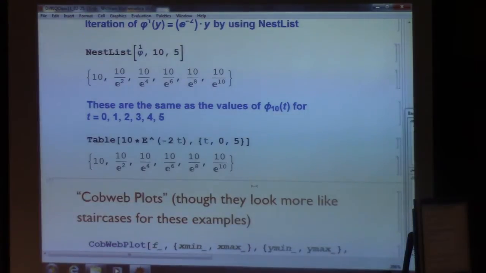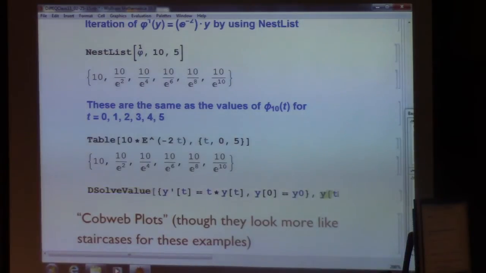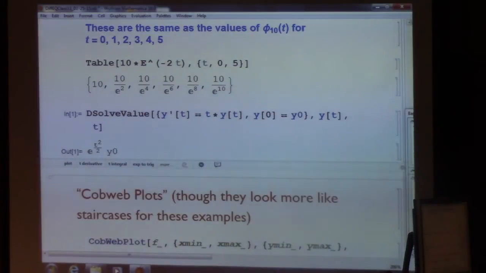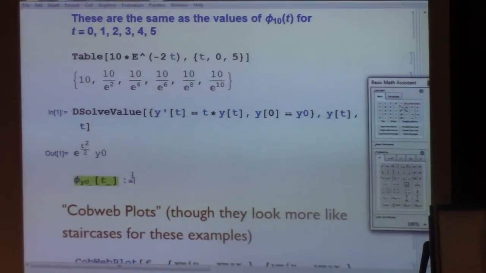If I try to use DSolveValue, for example, for a non-autonomous equation like t times y on the right-hand side, but you have to do that for Mathematica. So if I try to do this, and if I set that expression equal to phi sub y0, the old phi there, the non-fancy phi, I can do this.